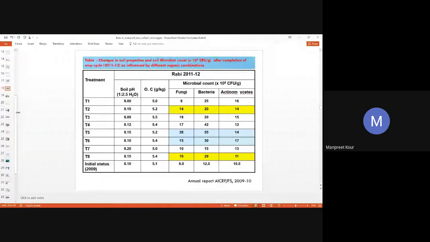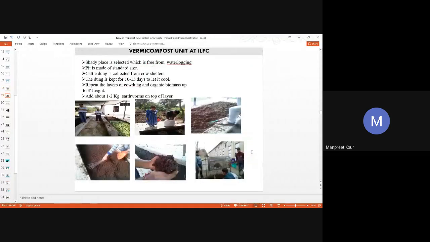Next. From 2014 to 2019, I was again transferred to the division of ILFC at Arispura campus, where I worked as a fodder specialist. There are 50 dairy animals, and I had two mandates: to manage feed and fodder for them, and to recycle their waste.